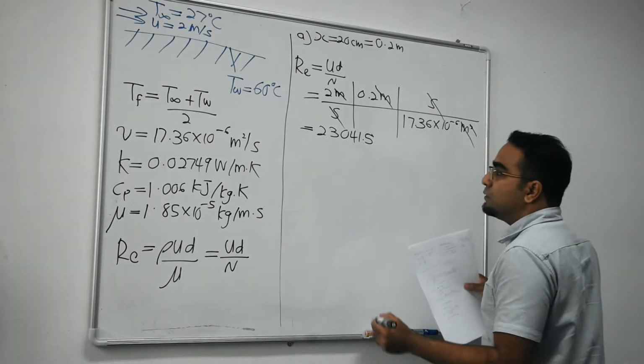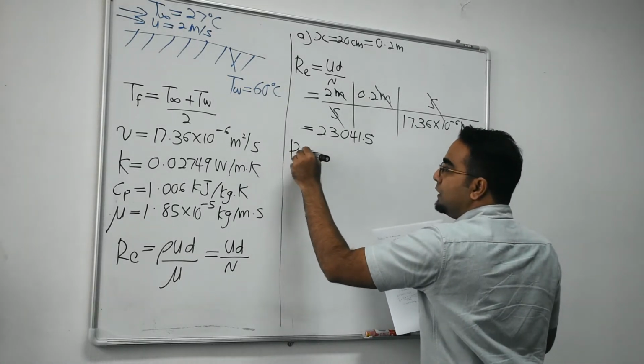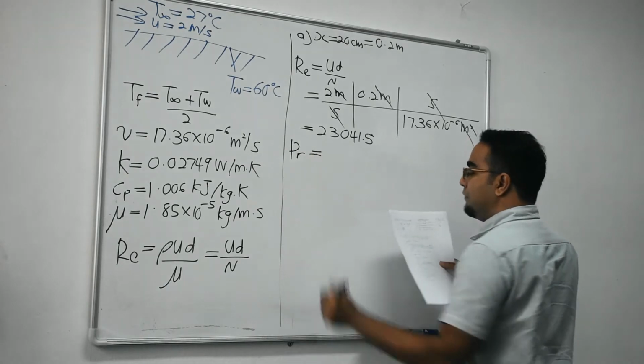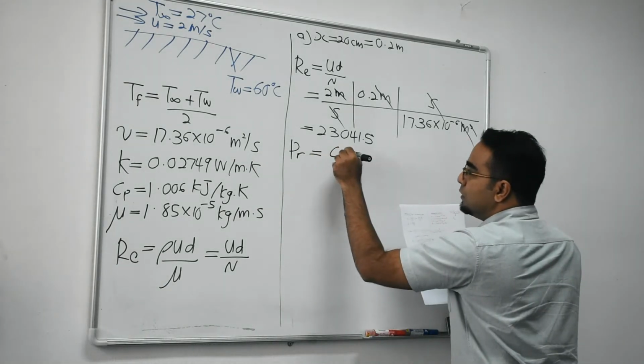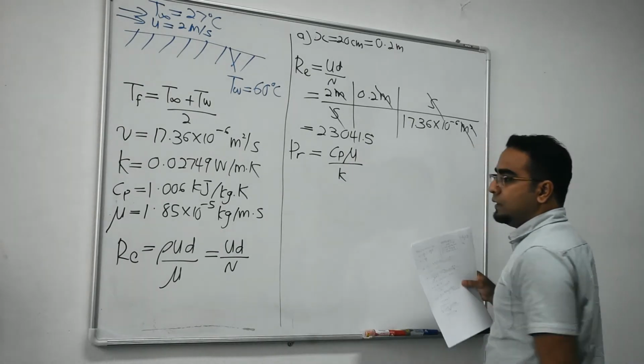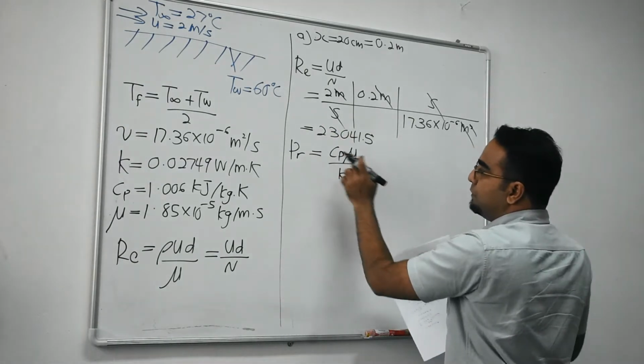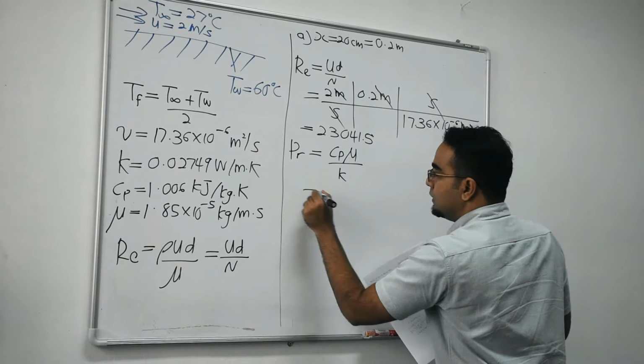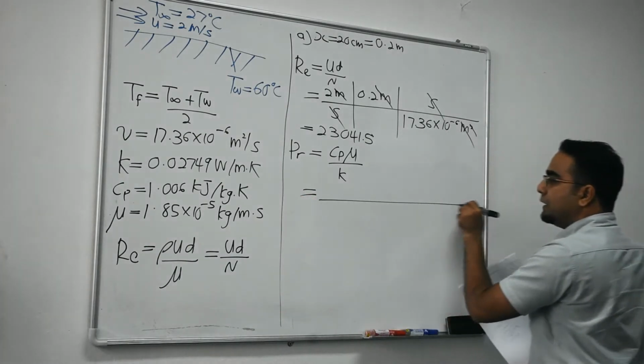The third step is to calculate our value of Pr. So we know the equation for Pr. Pr is equal to Cp mu over K. So we have all the values of Cp, mu and K, so we can just solve to get the value of Pr.